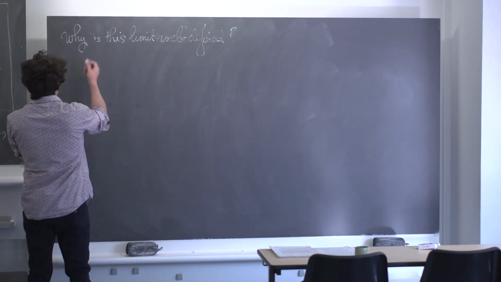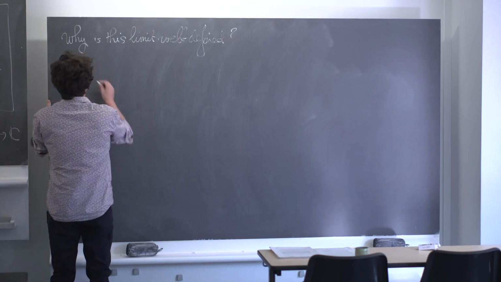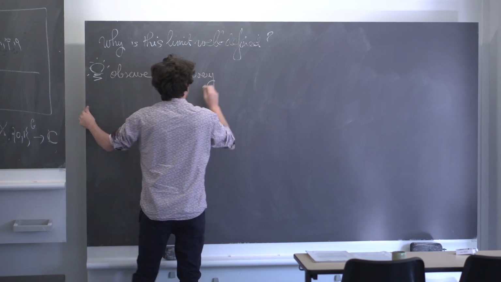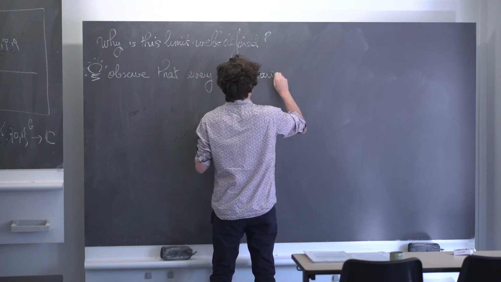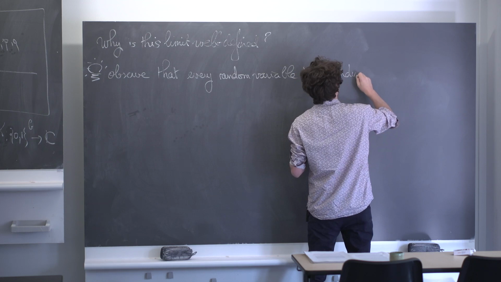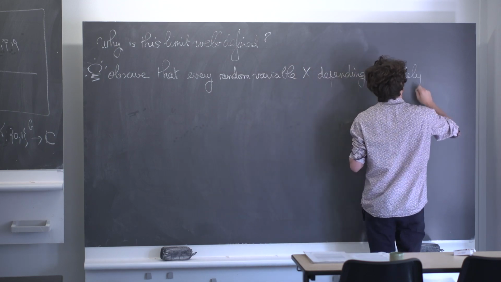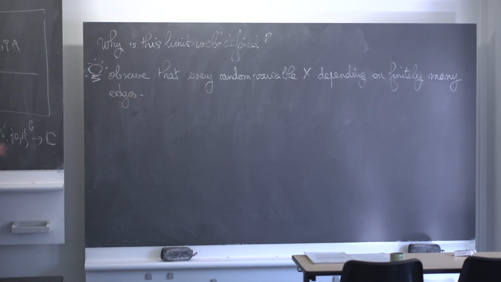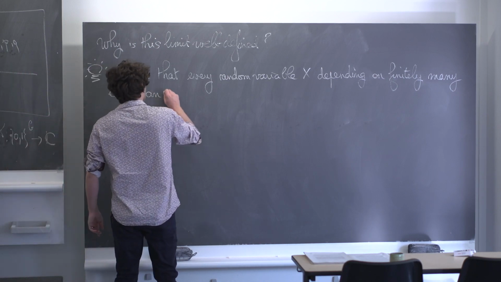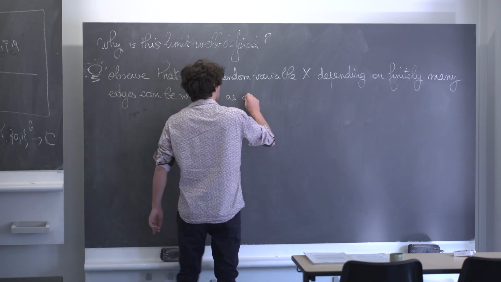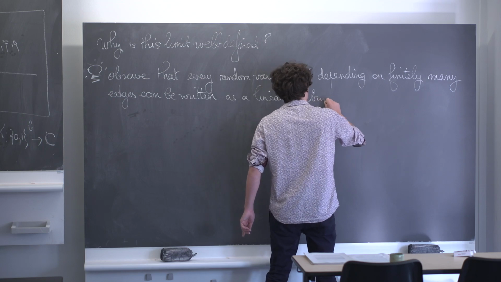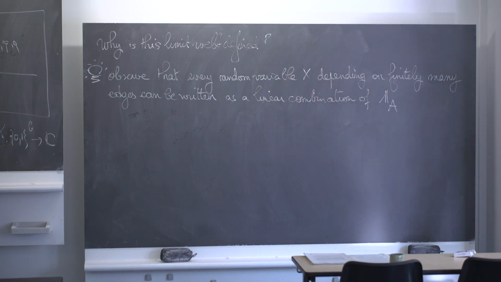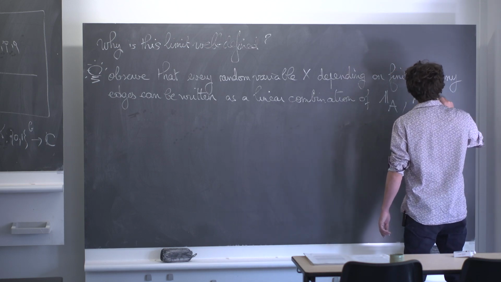More precisely, observe, so this is just a nice exercise that I leave to you, that every random variable X depending on finitely many edges can be written as a linear combination of random variables of the form indicator of A, for A an increasing event.